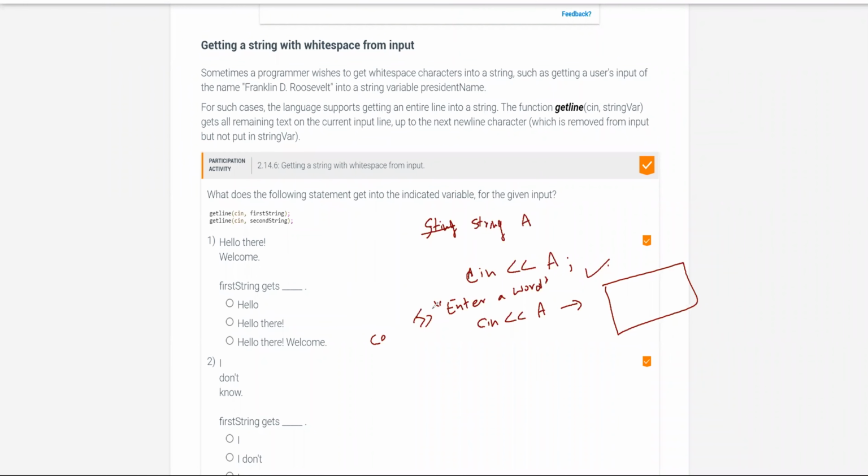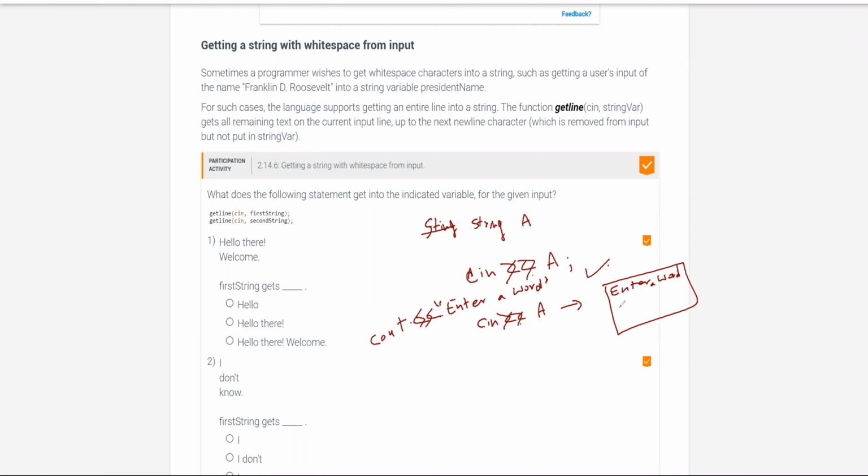Well, I'm sorry. This has to be this way. This has to be this way, right? Cout, I say enter a word. So that's what you see here: enter a word. This is what you see, and you are entering a word. So the user comes.